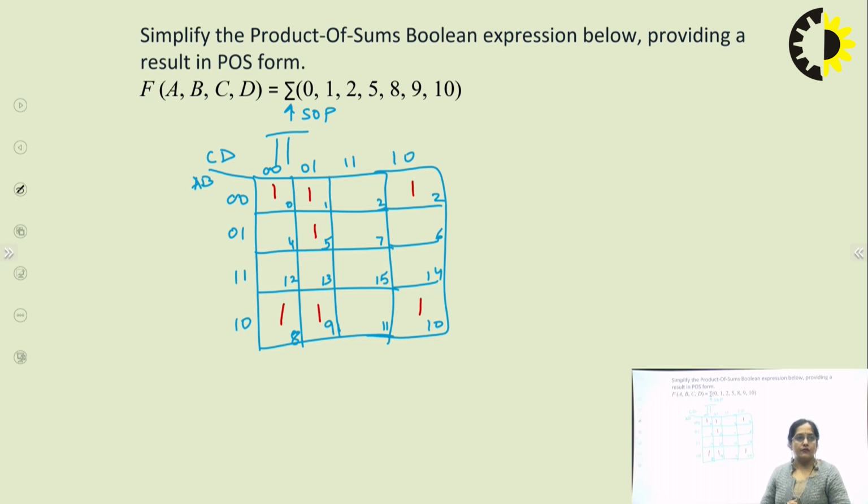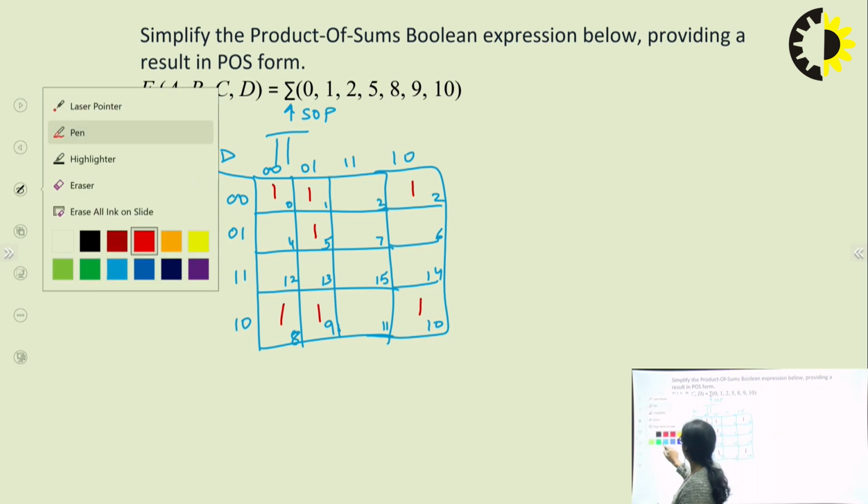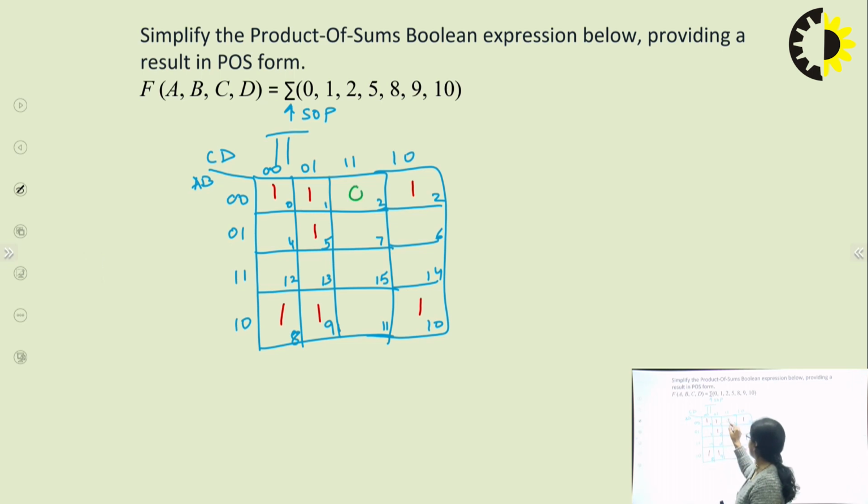But we have to simplify this expression for POS form. It means that we have to make groups of zeros. So we first place the zeros in our K-map; the remaining terms I place as zeros.